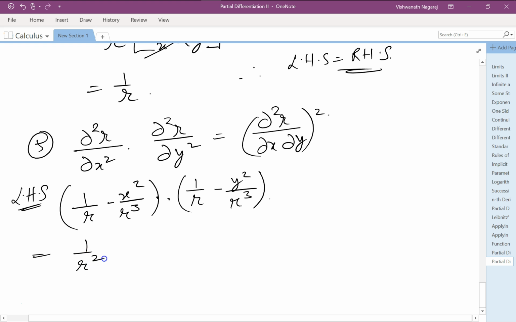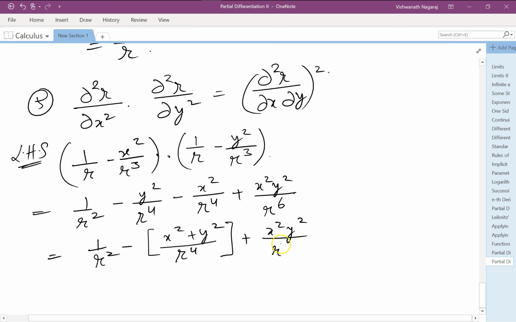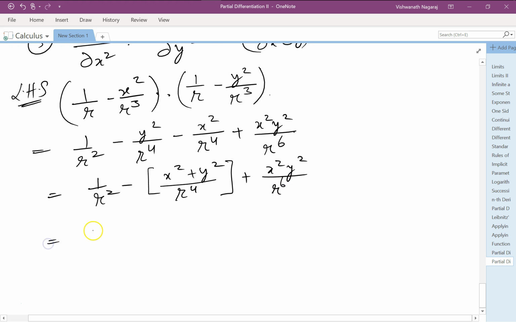1 by r square minus y square by r4 minus x square by r4 plus x square y square by r6, which is equal to 1 by r square minus (x square plus y square) by r4 plus x square y square by r6. Now let's take 1 by r6 out.